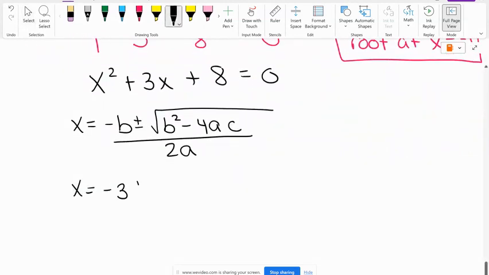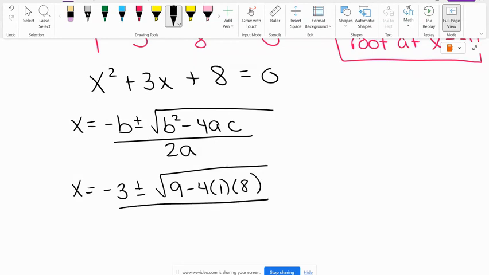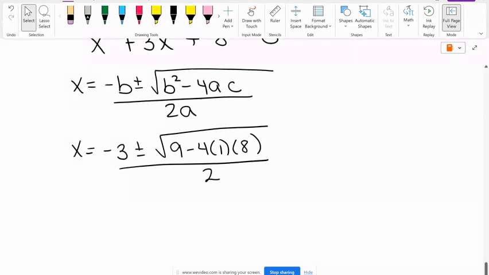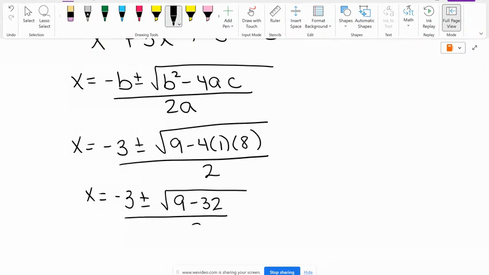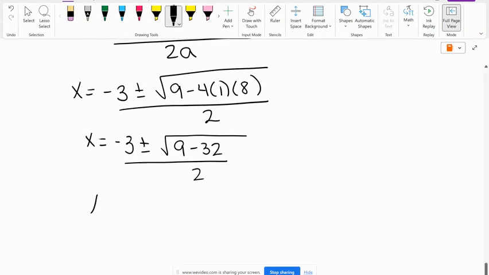So we have negative 3 plus or minus the root of 9 minus 4 times 1 times 8, all over 2. So x equals negative 3 plus or minus the root of 9 minus 32 all over 2. So we're going to have the root of negative 23 all over 2.